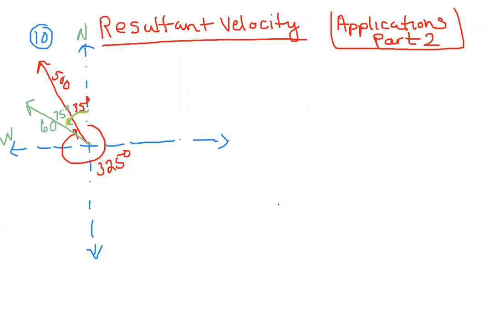So let's see what these vectors are. Let's start with the airplane. The airplane's velocity is 500, and we need to find its angle. Its angle is going to be from here to here. That's how we always measure the angles for these. So that's going to be 90 plus 35, which gives us 125.